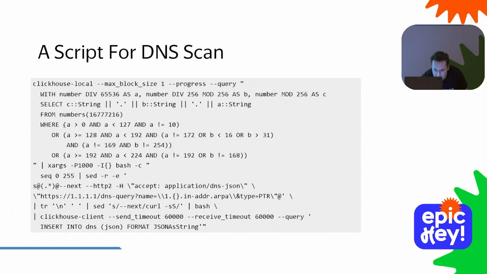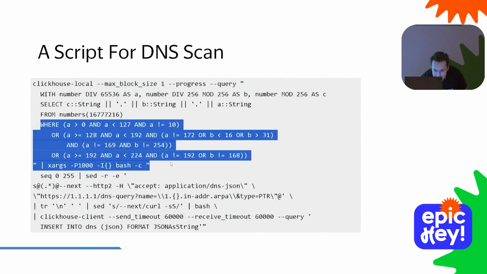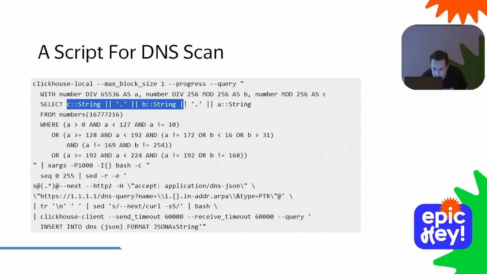I will filter out some IP addresses not belonging to the internet, like 127.something. Here it is. I will prepare this triple of 3 bytes.